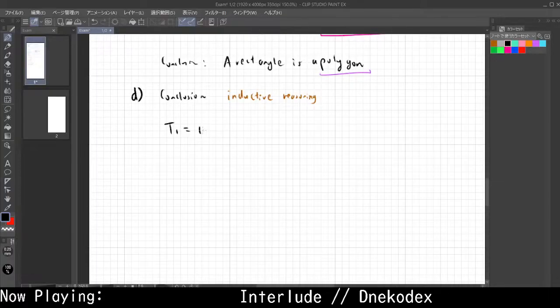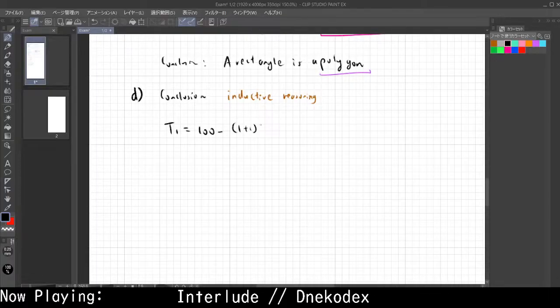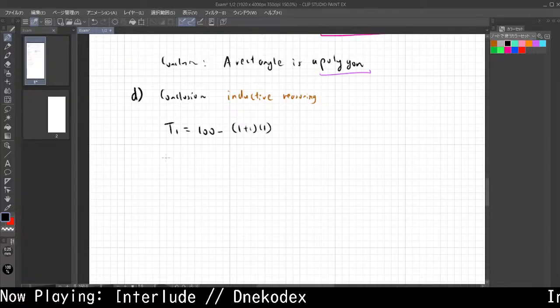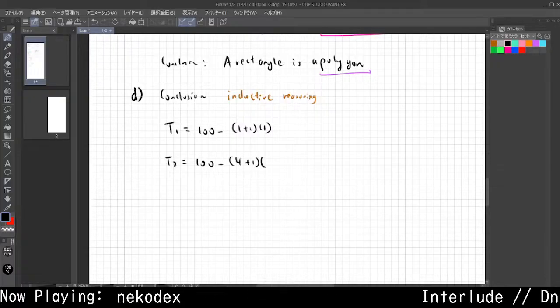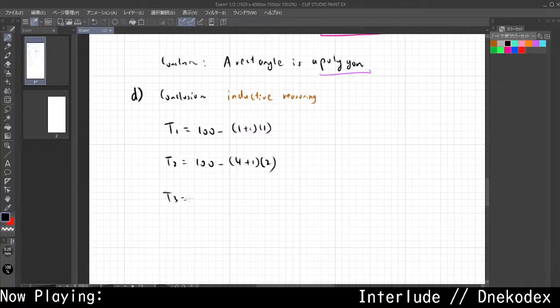So your T1 is 100 minus 1 plus 1 times 1. For this type of question, you basically want to find what is changing and what is not changing.